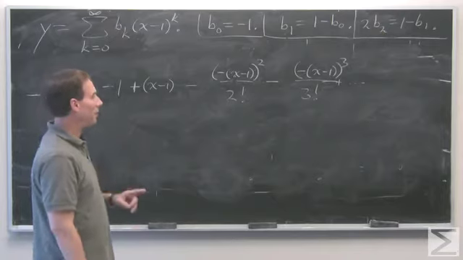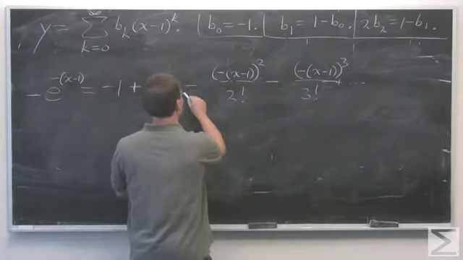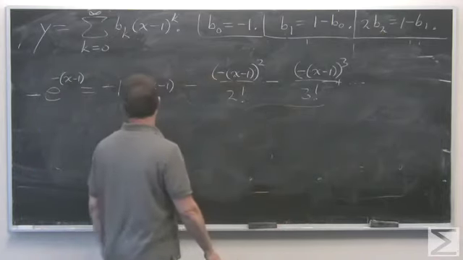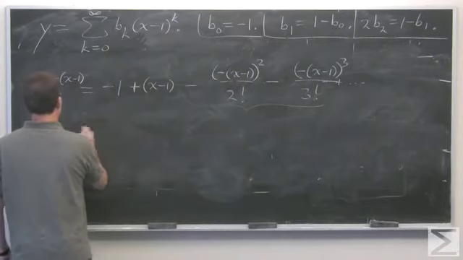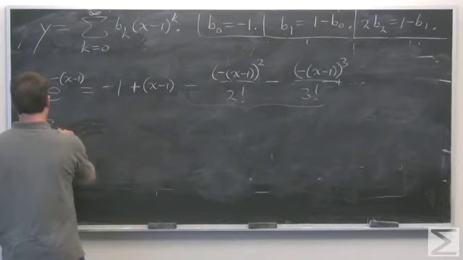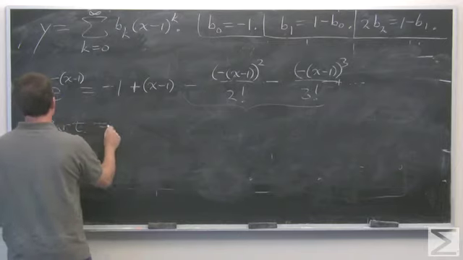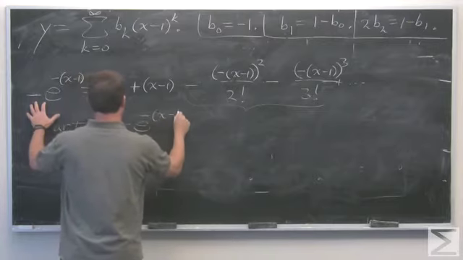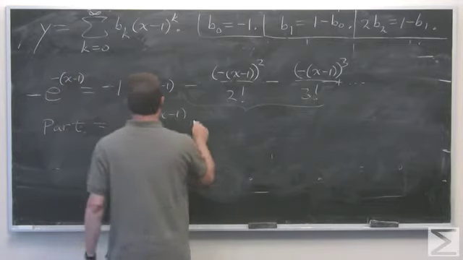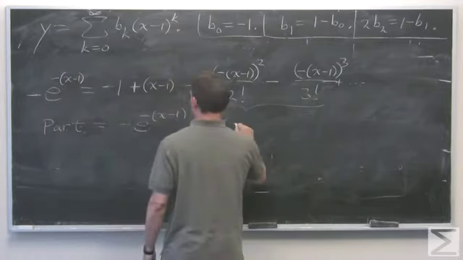So that part of the series that we have over there is this part. And so that part that we were looking at was equal to minus e to the minus x minus 1, put this stuff over there, plus 1 minus x minus 1.